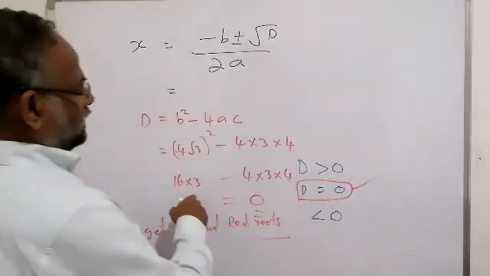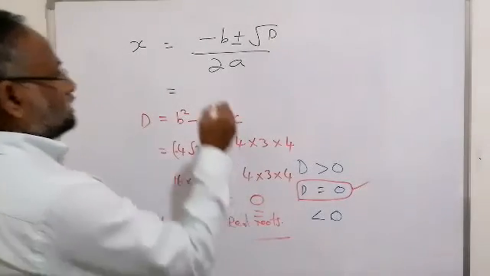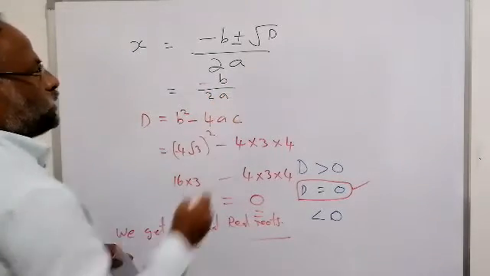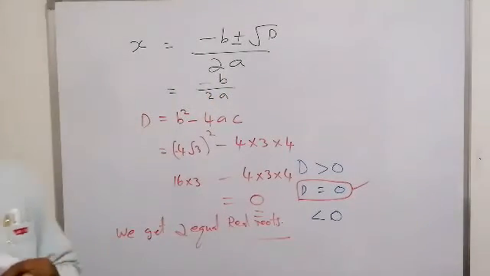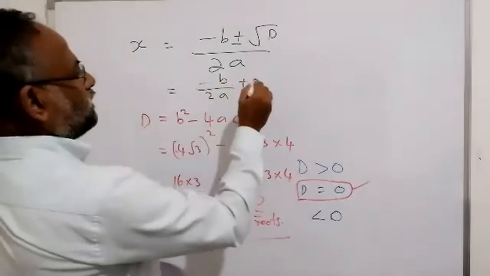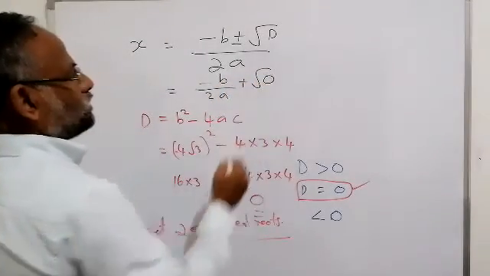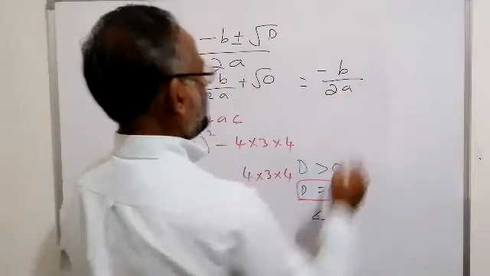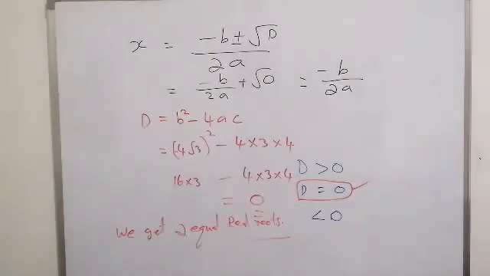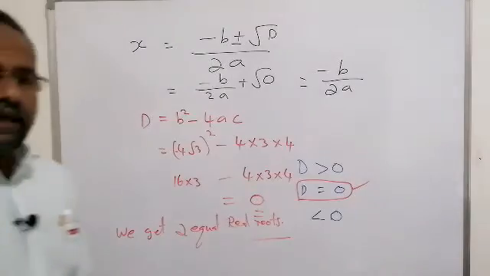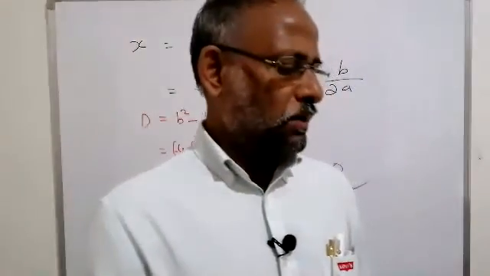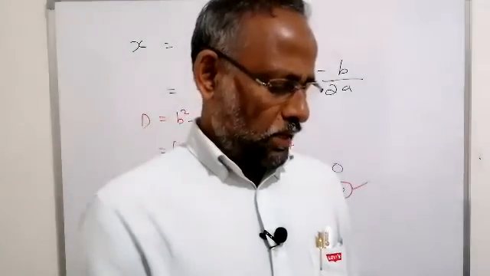Because here d is 0, so it will be minus b by 2a plus or minus root of 0. Root of 0 is 0. So minus b by 2a. All of you find out minus b by 2a.